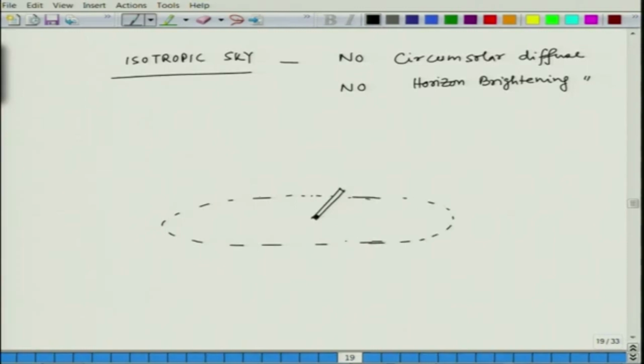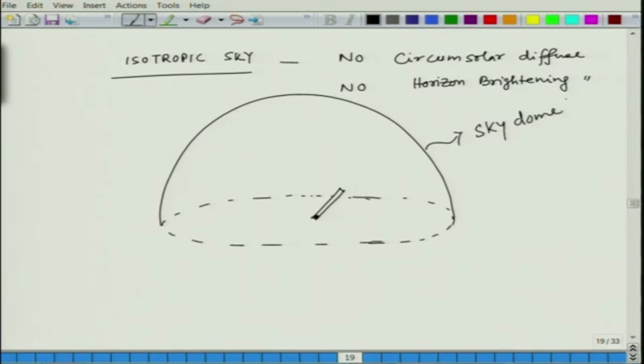So, the sky dome will look like this, right. This is the sky dome, and the angle the collector makes, this angle, is the tilt angle beta.